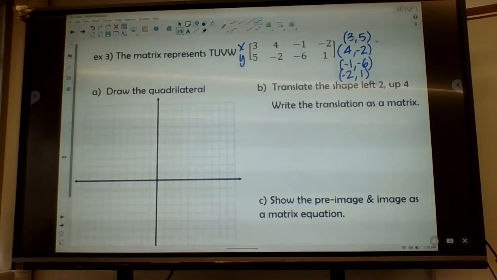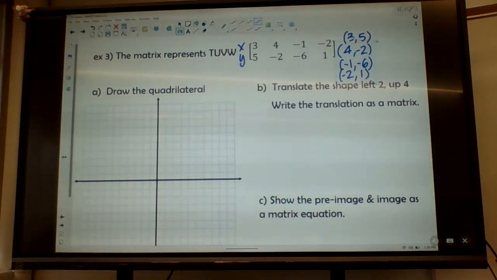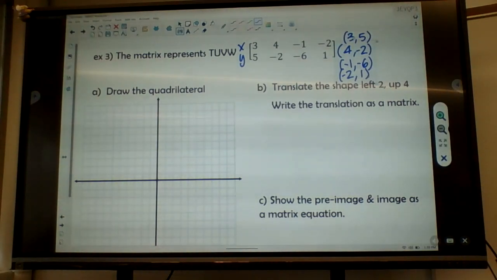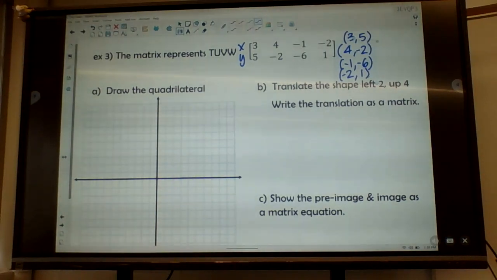Those coordinate points correspond to our matrix. It's a way to organize our information and make sure that it makes sense as we're doing this. Okay. So we're going to graph it.